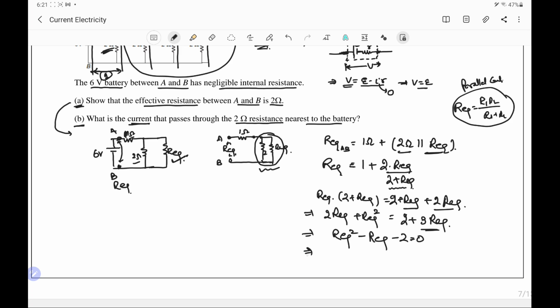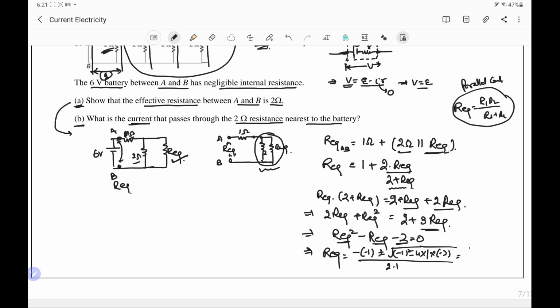Using the quadratic formula, we get R_eq equal to minus b, that is minus of minus 1, where the coefficient of R_eq is b, plus or minus the square root of b squared, that is minus 1 squared, minus 4 a c. Here a is the coefficient of R_eq squared, so it is 1, and c is minus 2, divided by 2a, that is 2 into 1.